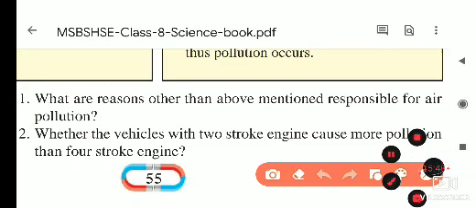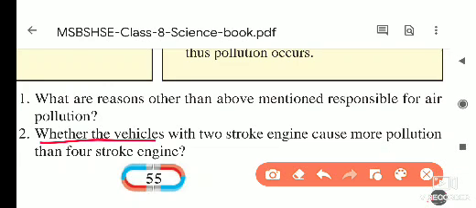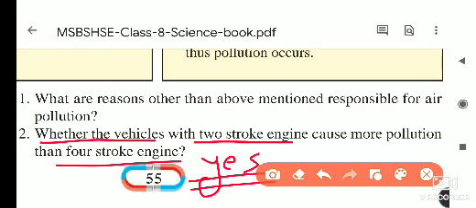The next question is whether vehicles with two-stroke engines cause more pollution than four-stroke engines. The answer to this question is yes, and the reason behind it is this: if we compare the two, two-stroke engines use a larger amount of petrol or diesel than four-stroke engines.